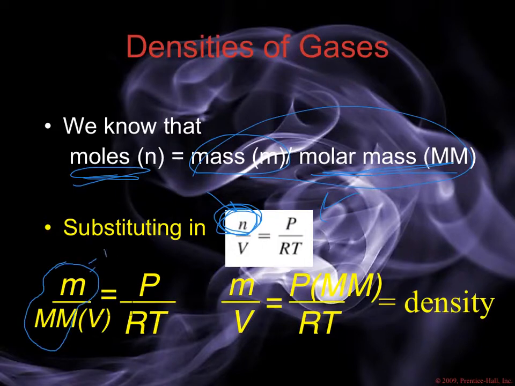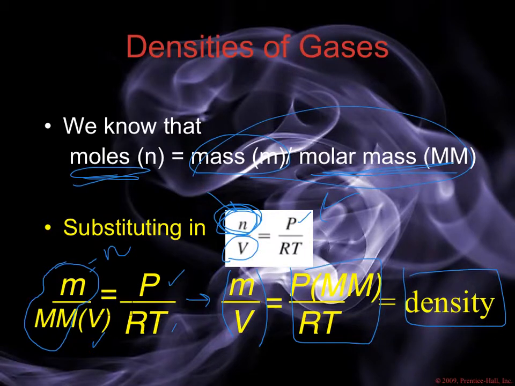Remember, that equals moles. Okay? I still have to keep the rest of my equation, the V, and pressure and temperature. Okay, and so now if I rearrange this equation so that I have mass over volume on one side and everything else on the other side, that's how I got the equation for density. That's another way to solve density. But I want you to pay attention to this because in a minute you're going to have to solve for molar mass of a gas.